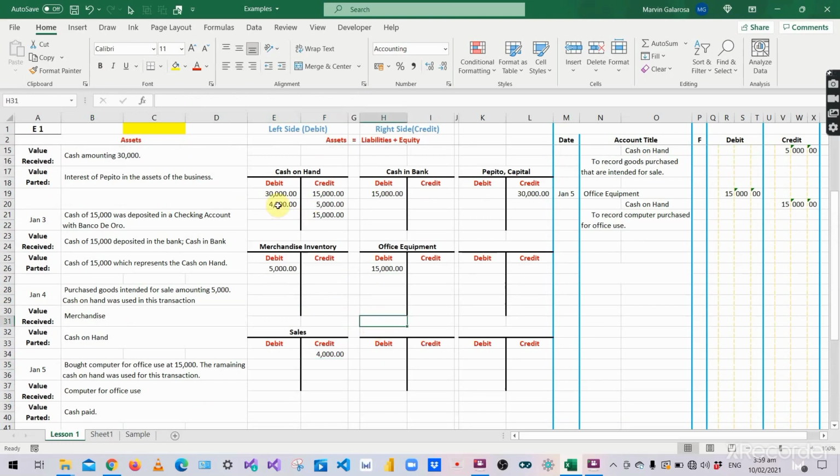Meron na tayong journal entry, debit saka credit. Record na natin siya. January 7. Entry would be debit cash on hand na 4,000. Cash on hand, 4,000 pesos.